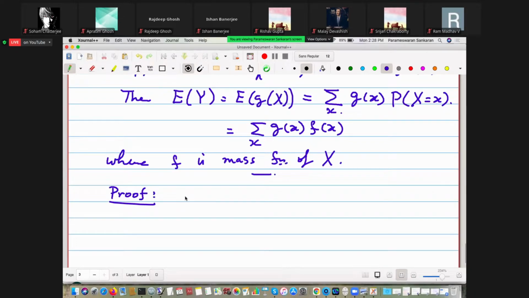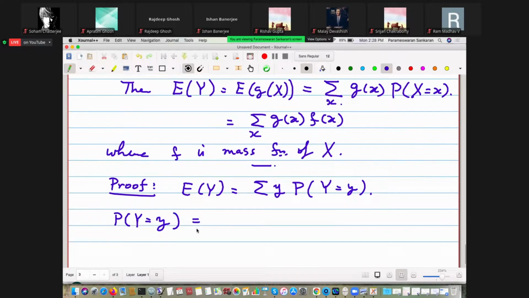So E of Y is equal to the summation of y times the probability that capital Y equals y.